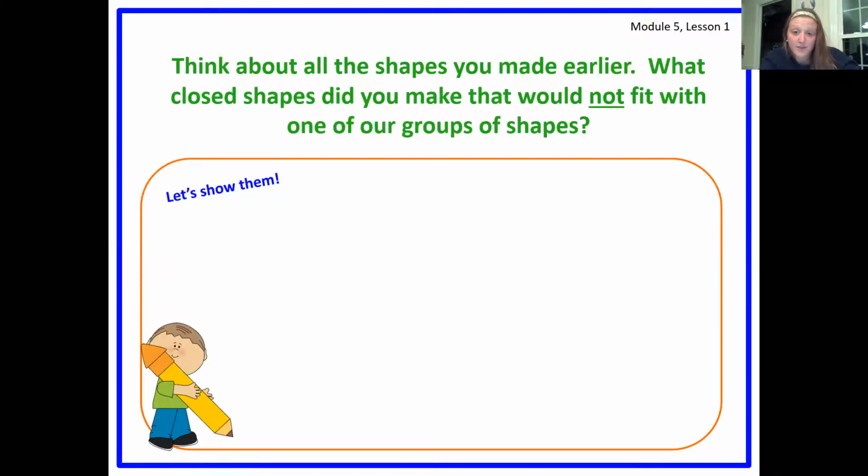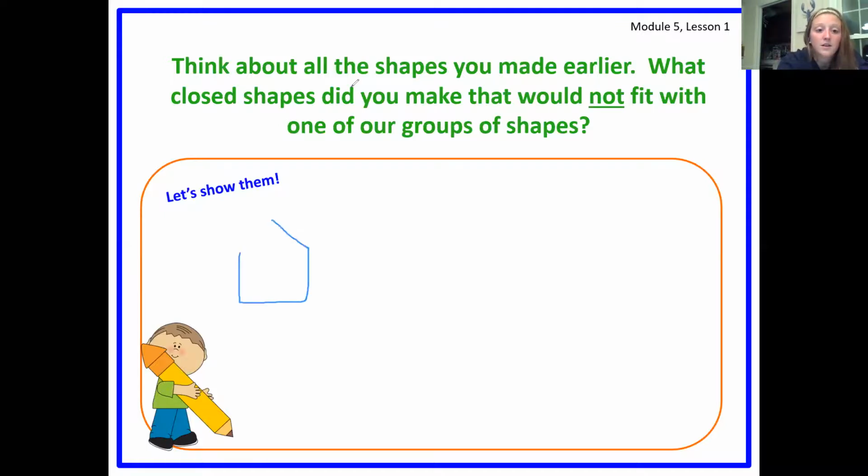So what kind of shapes did you make that would not fit with one of our groups of shapes that we already just looked at? Let's show some of them. I can think of one that I could have made earlier, like this. I tried to draw them as straight as possible, okay?